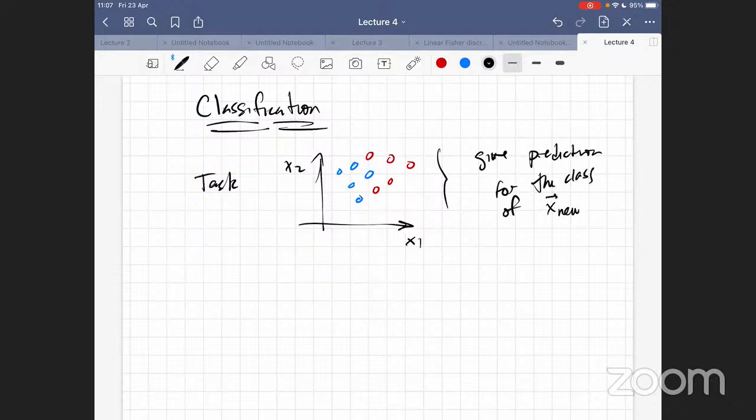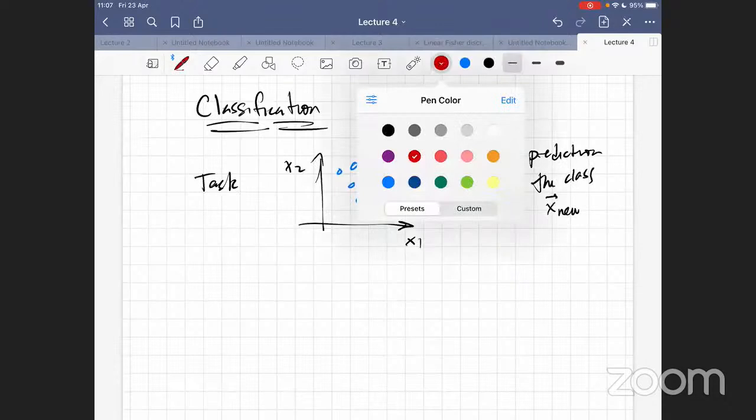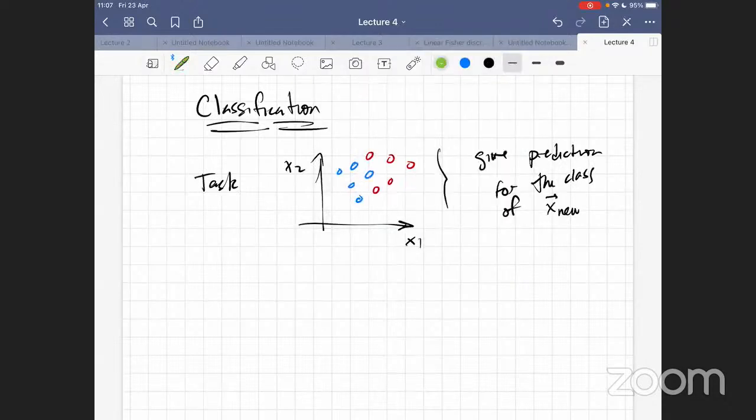For example, I have a new point here, in another color, green. Is this point red or blue? So how do we do that?